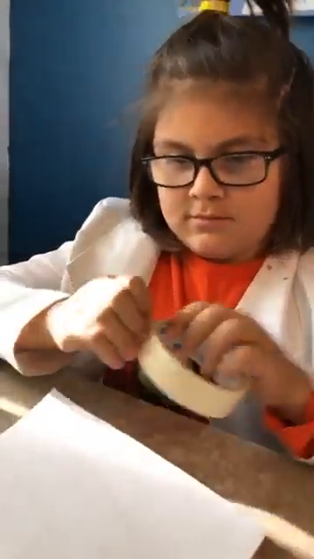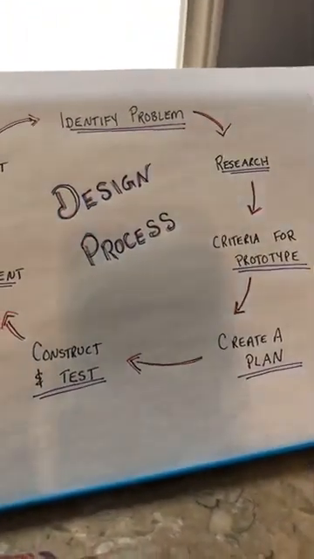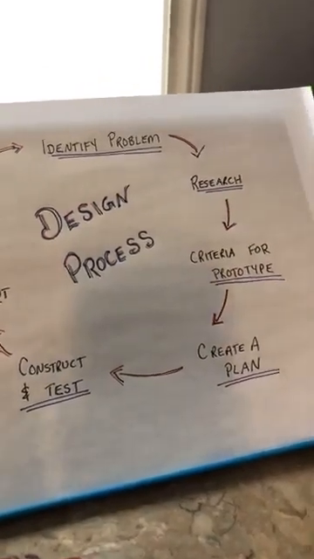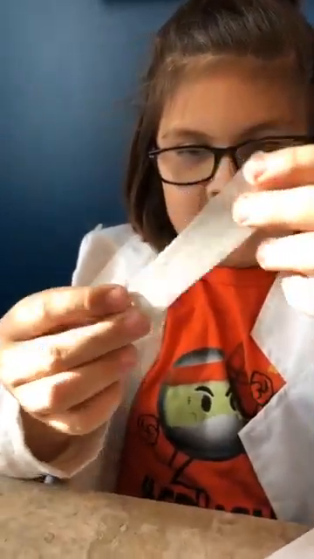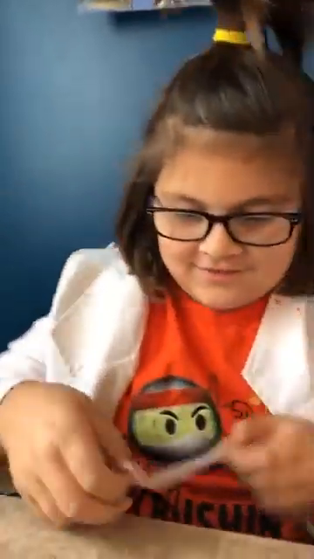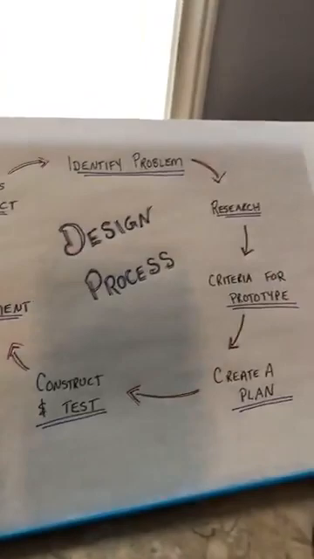So as you get started with that, I'm going to review the design process here. Identify the problem. What's the problem in this situation? Well, Camille said triangle is the strongest thing in nature. Oh, look at that, the piece of tape has a triangle. So Simon, what is the problem in this design process?